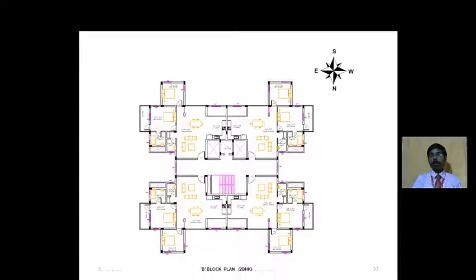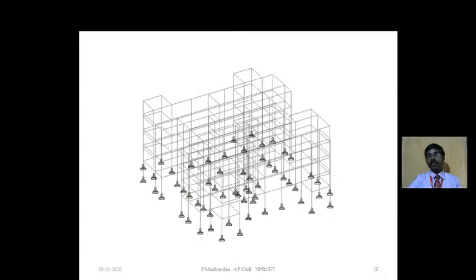After preparing the plan, we get the concurrence from the client, and after the opinion from the client, we can go for analysis.